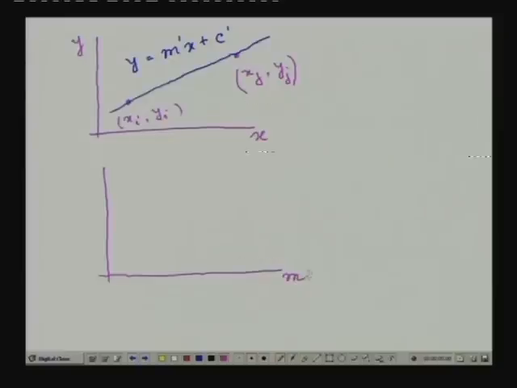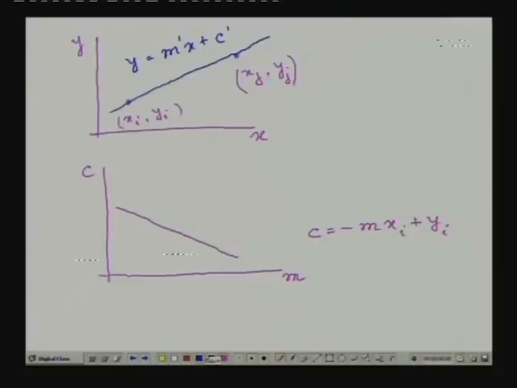So, I have this parameter space or MC plane. The first point x i, y i will be mapped to a straight line like this, where the equation of this straight line will be given by c equal to minus m x i plus y i.